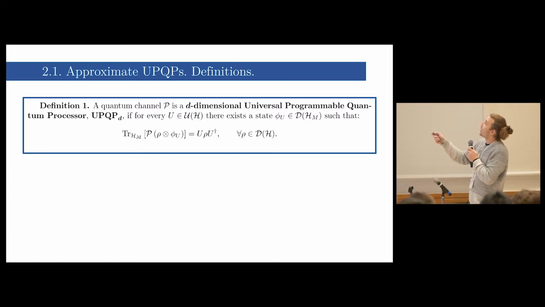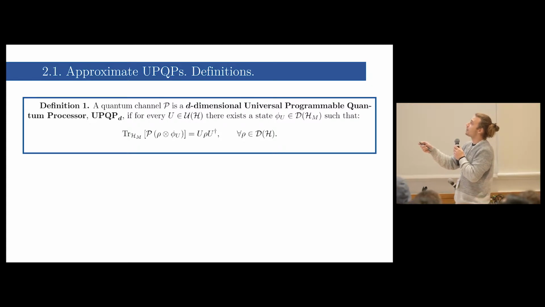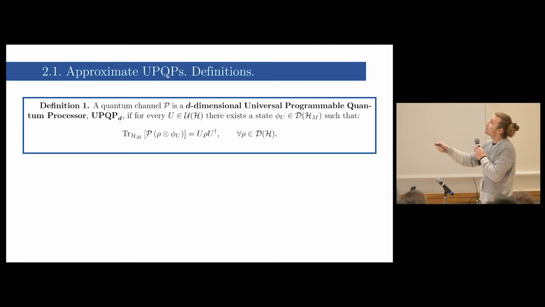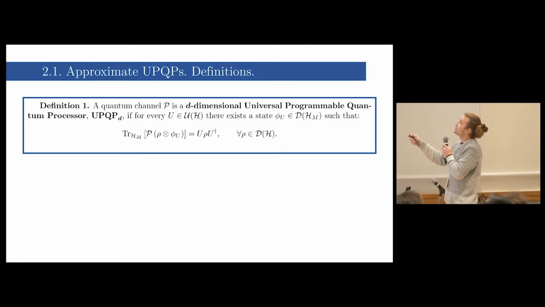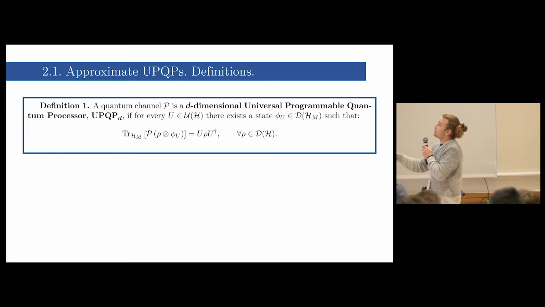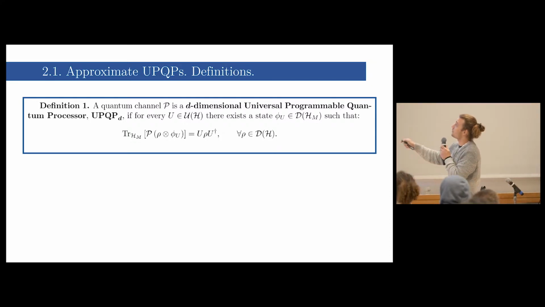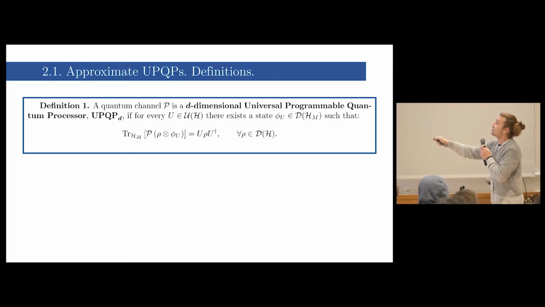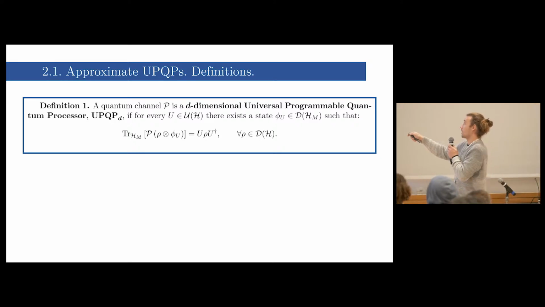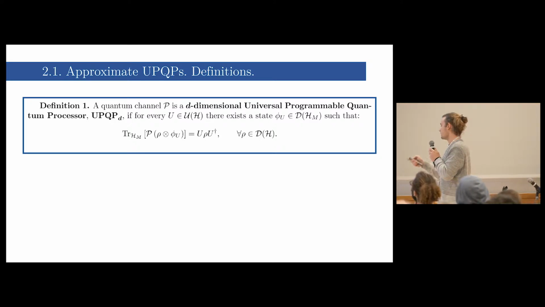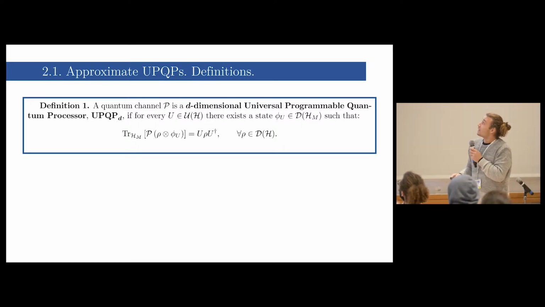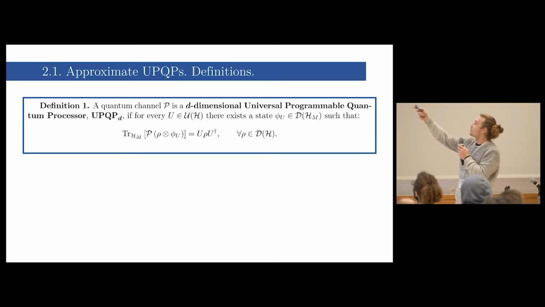First of all, a universal programmable quantum processor, UPQP, is just a quantum channel P such that for every unitary on our input state, there exists some memory state such that the application of our quantum channel to the composite system, input tensor memory, applies on the input part of the system just our desired unitary. Now let's give an approximate notion of these objects.